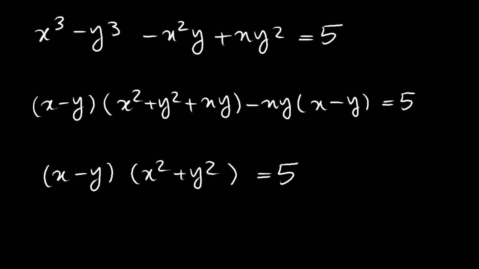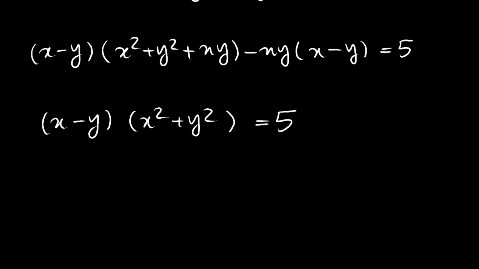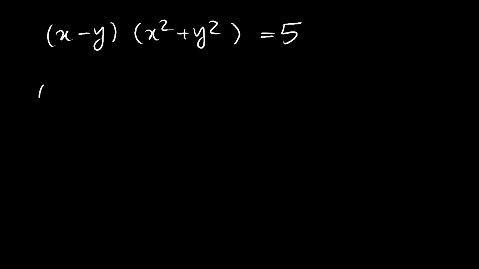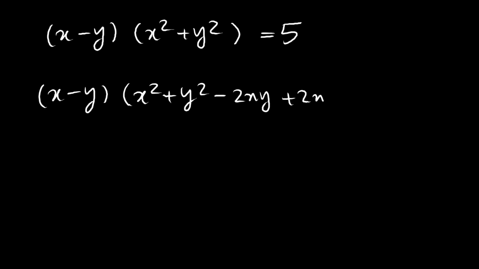Now, notice that we have a sum of two squares again, so we can complete the square the same way we did before. So I can say that we have x minus y times x squared plus y squared minus 2xy plus 2xy equals 5. Now let's go ahead and replace this with x minus y quantity squared.